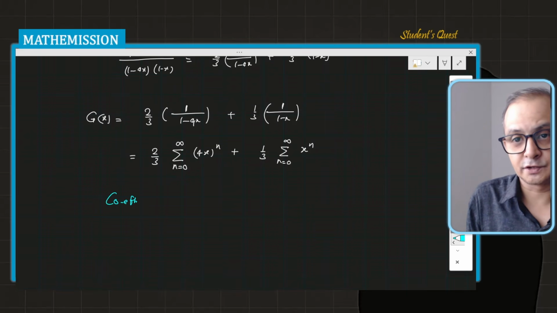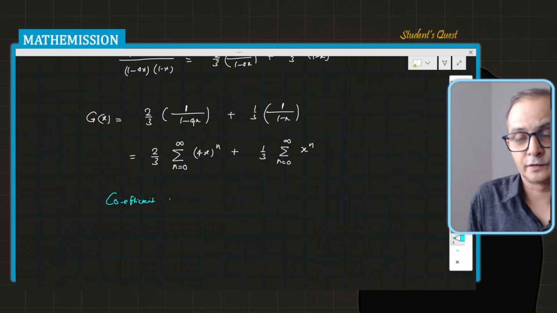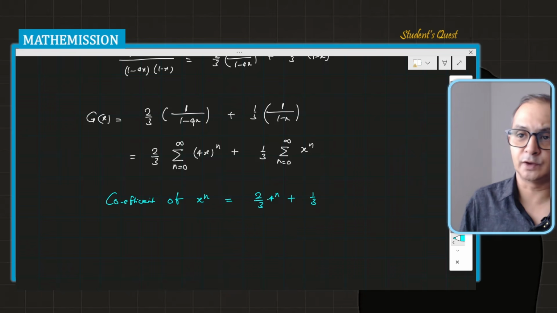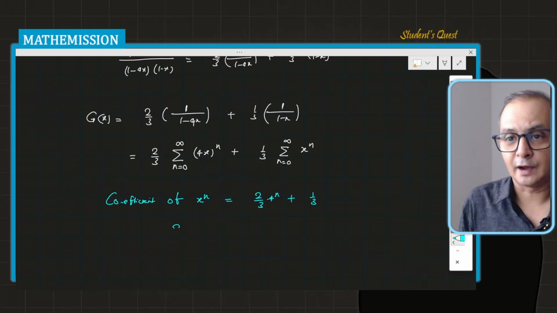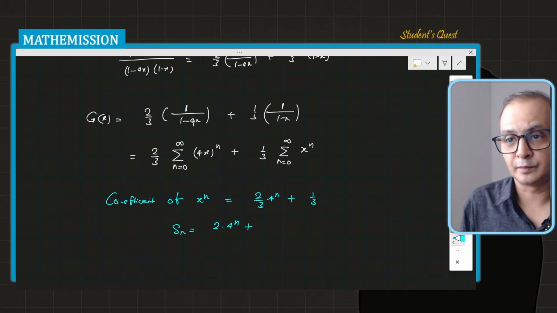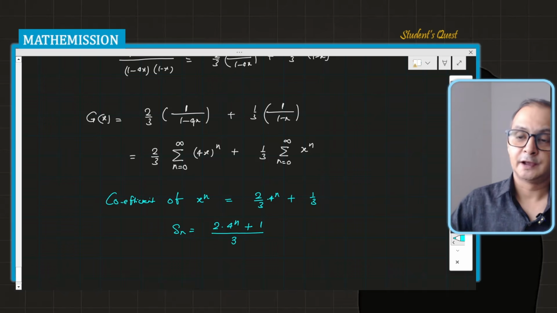The coefficient of x to the power n is going to be 2/3 into 4 to the power n from the first summation, and 1/3 of nothing because this is 1 there. It means our Sn is nothing but (2 into 4 to the power n plus 1) divided by 3. Now this is your Sn.